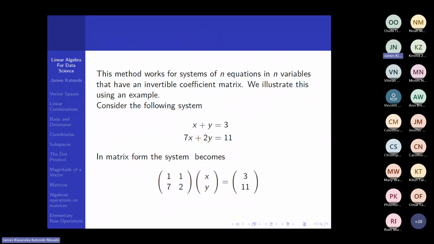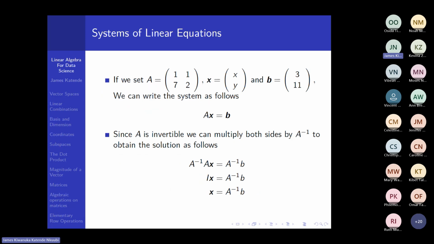So to solve this, if you have a system of linear equations and you have a coefficient matrix which is invertible, it's possible to solve the system as follows. You simply get the inverse of the coefficient matrix.